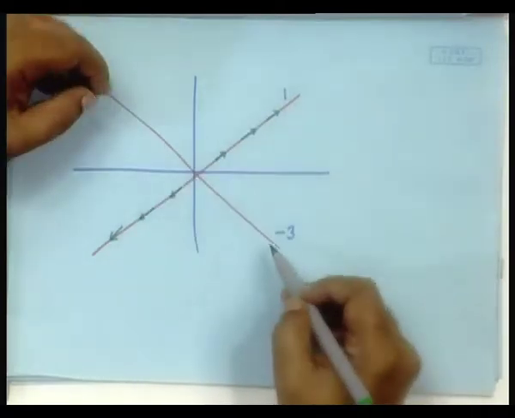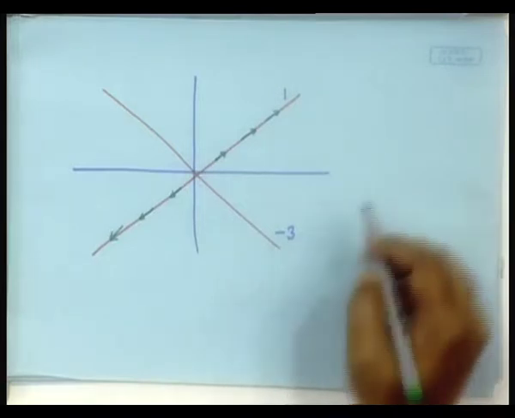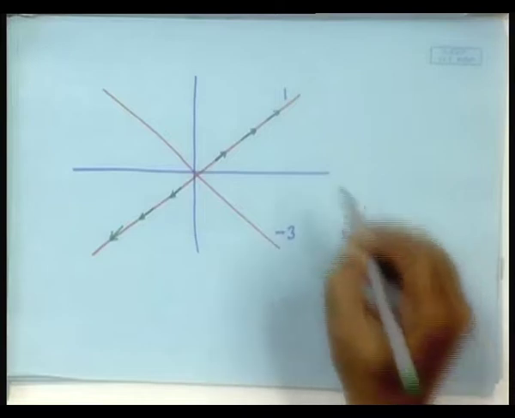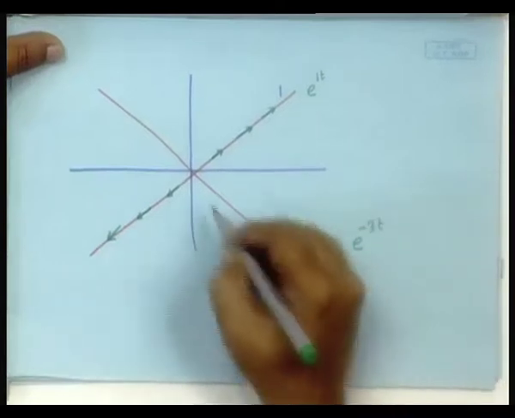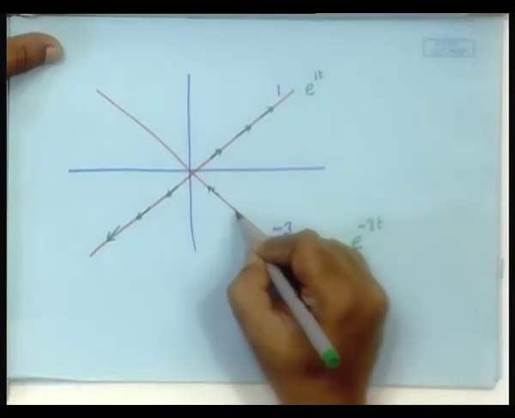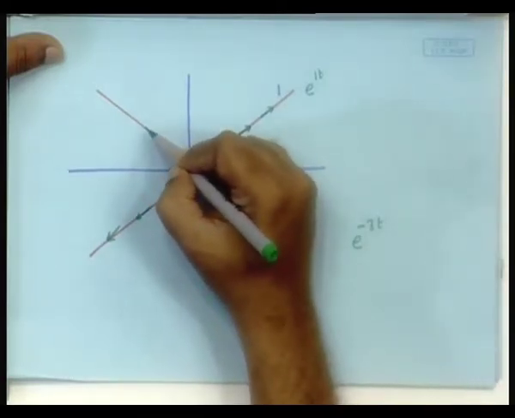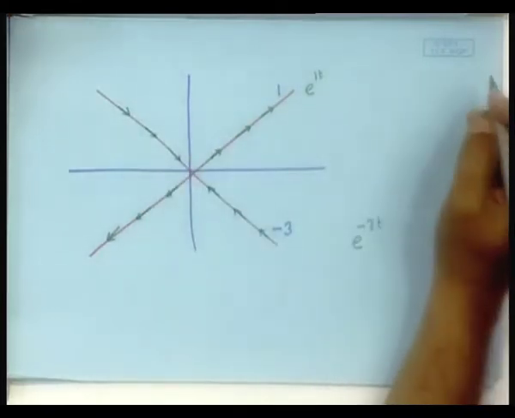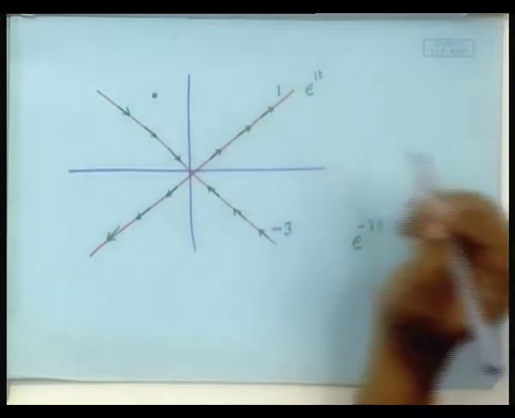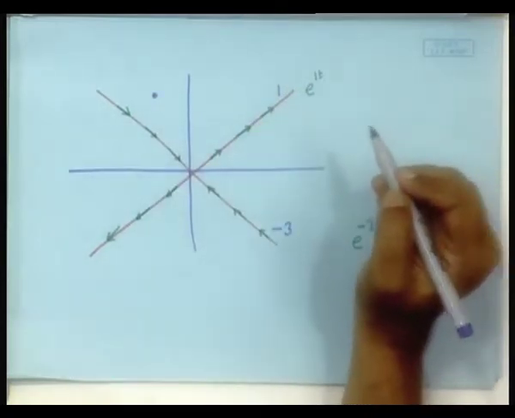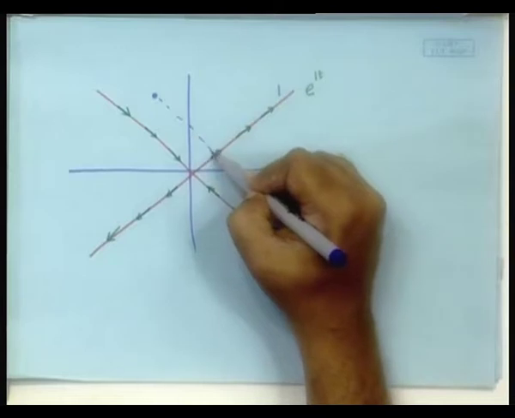Along this, anything will evolve as e to the power minus 3 t. So, along this it will be e to the power minus 3 t, along that it will be e to the power 1 t. So, it will be decaying. So, I will have to put arrows like that. Start from an initial condition somewhere else, say here. What will the behavior be like? Again, imagine in terms of the two projections and how the projections evolve.